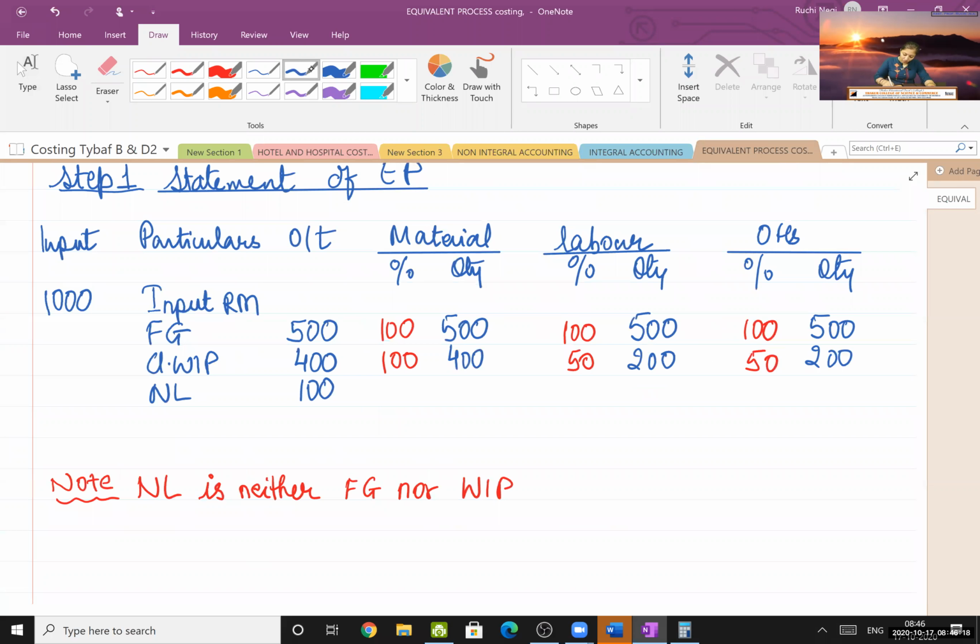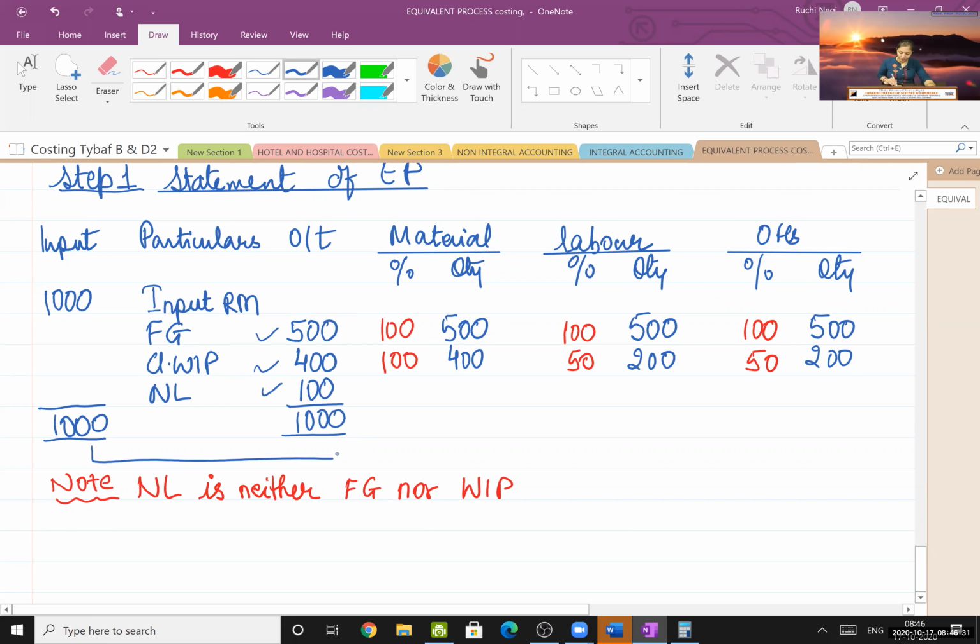If this is 1000, I have to equate this to 1000, right? 500 plus 400 plus 100 is how much? 1000. I have to equate this, so I have considered normal loss. But normal loss is not my finished goods and not my WIP, so there will be no degree of completion, because it is lost. Nothing will be considered here.